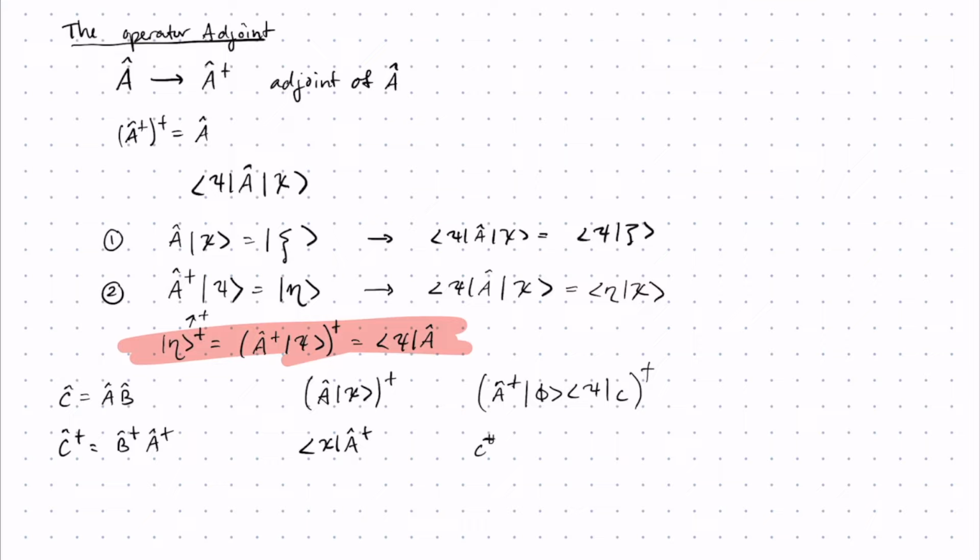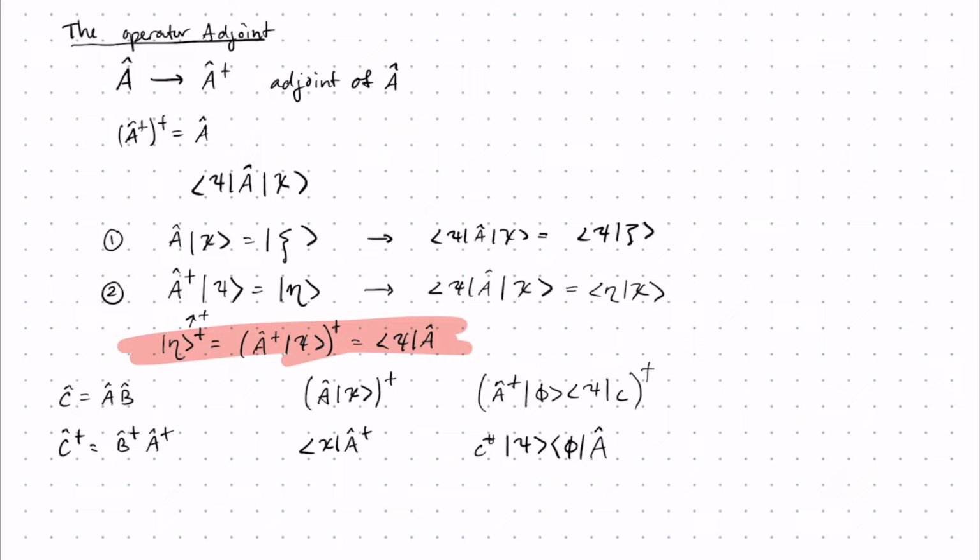When we take the adjoint of that, we get ket psi. Next we have ket phi. When we take the adjoint of that, we get bra phi. And finally we have A dagger. When we take the adjoint of A dagger, we get just A.